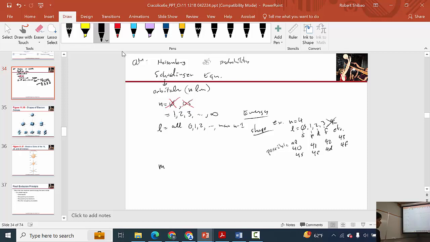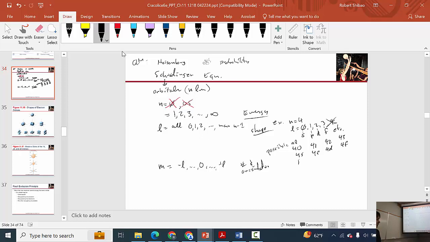All right, m is called the magnetic quantum number. You don't have to know the names, but m varies from minus L through 0 to plus L. And this is going to tell us the number and orientation. So when we have an L of 0, what are my possible m values?